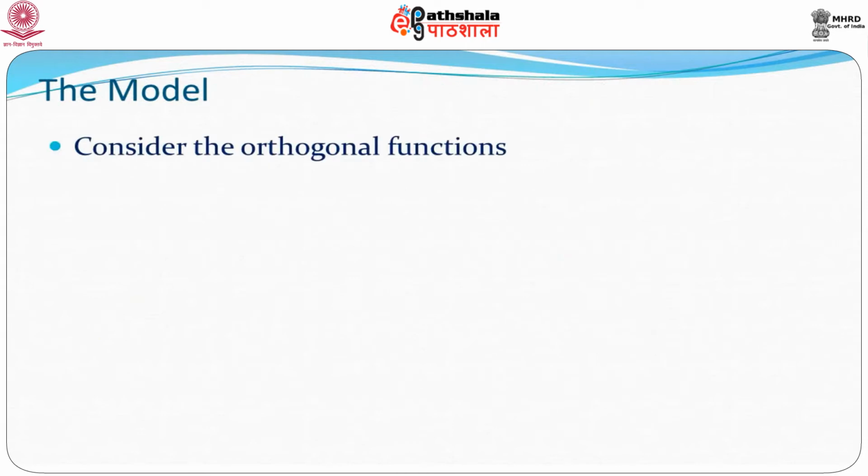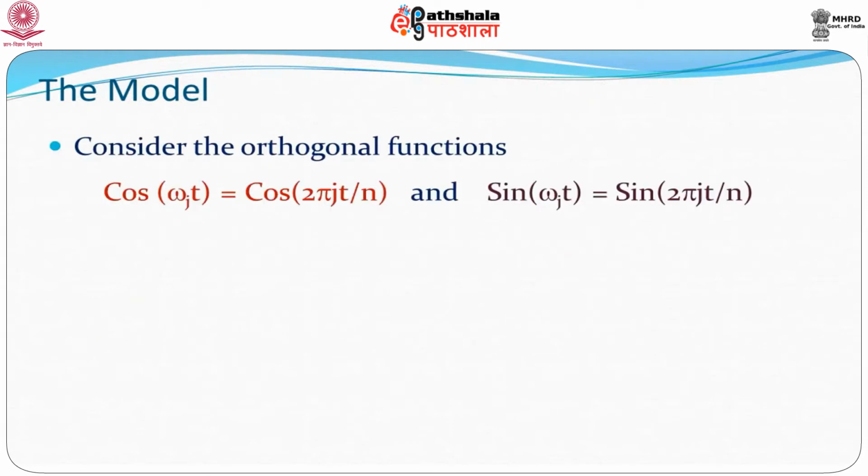Now, before we come to this model, let us consider the orthogonal functions. So, cos omega j t is cos 2 pi j t by n in our case, and similarly we will be looking at the functions sin omega j t, which is sin 2 pi j t by n.